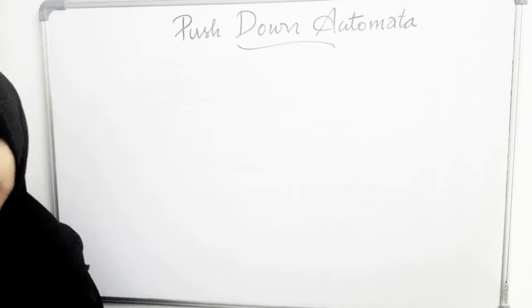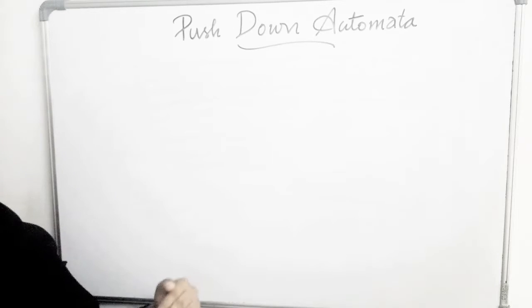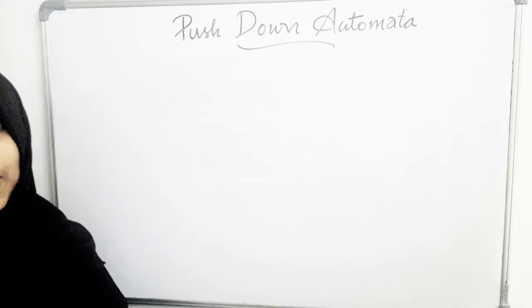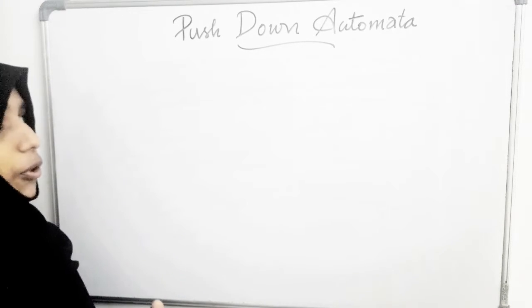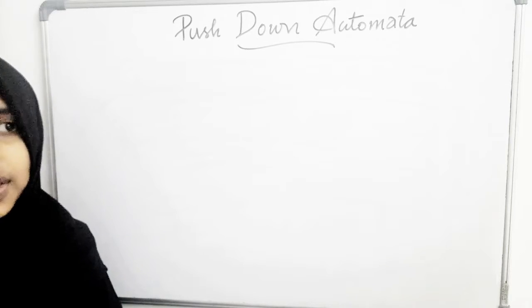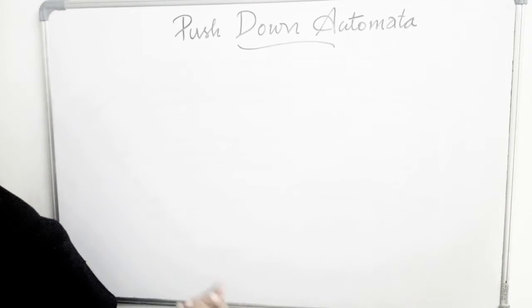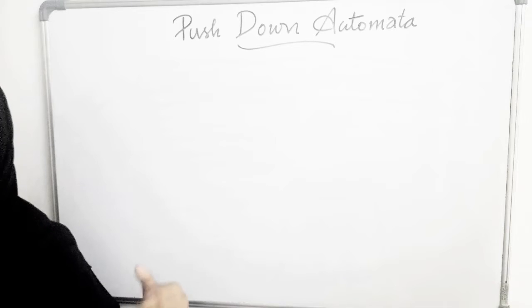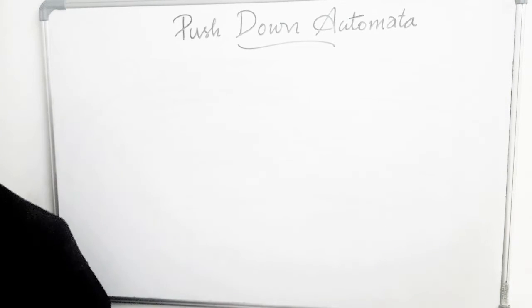Okay. So again, we have deterministic PDA and non-deterministic PDA, just like deterministic finite automata and non-deterministic finite automata. But here the difference is, in case of finite automata, both DFA and NFA were computationally equivalent, isn't it? But in case of PDA, non-deterministic PDA is much more powerful than deterministic PDA.